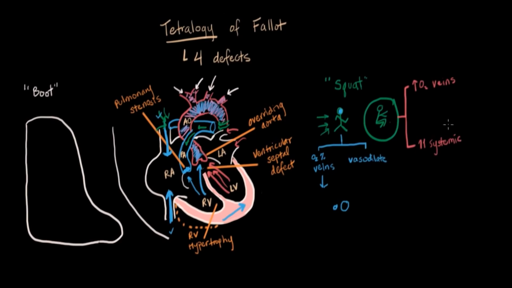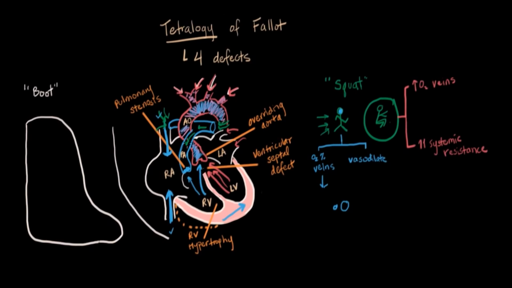This is the resistance of all the arteries in the body, systemic resistance. And since they're all connected to the aorta, this increases the resistance that the aorta is pumping against. So as these two colors of blood rush at this general area, when the resistance in the aorta increases, it literally just forces more blood into the pulmonary artery.